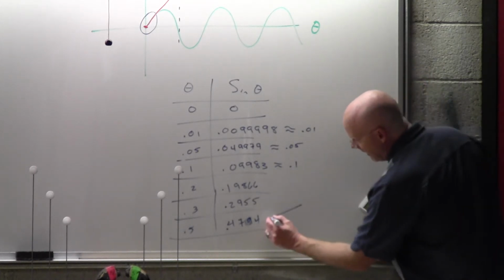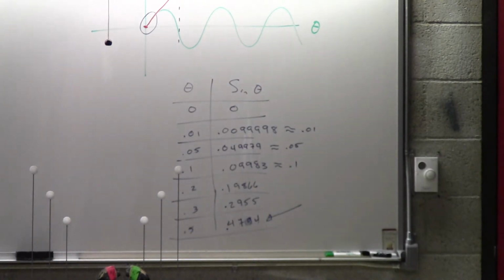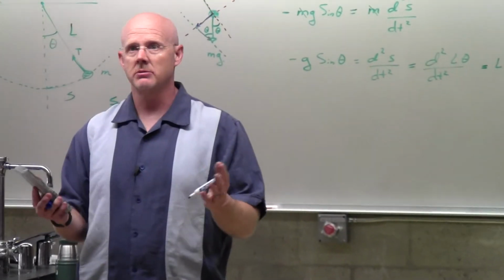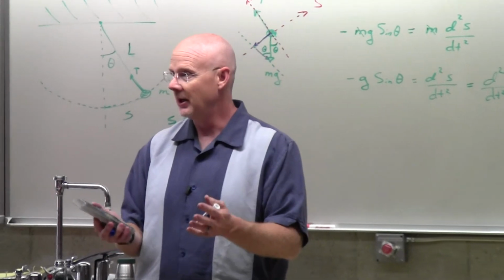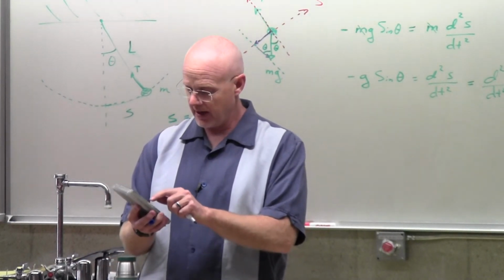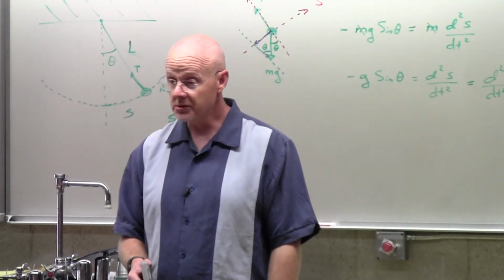So even as far as half a radian, I'm only off by, say, 6%. I'm closer to 4.2%, right? So I'm not that far off. In my own mind, I'm thinking, how much angle in degrees is half a radian? Well, 0.5 times 180 divided by pi is 29 degrees. Let's call it 30 degrees.